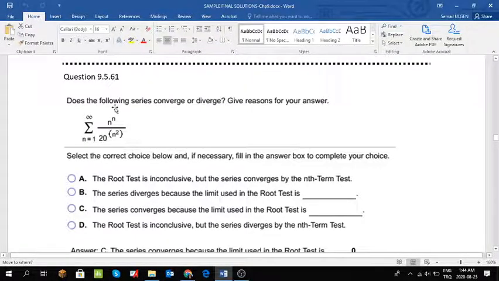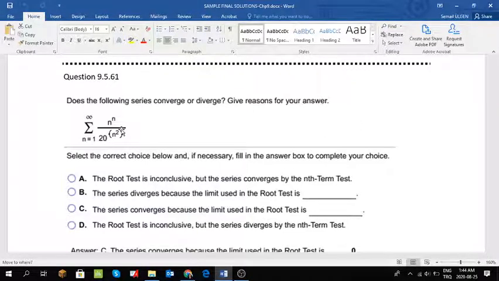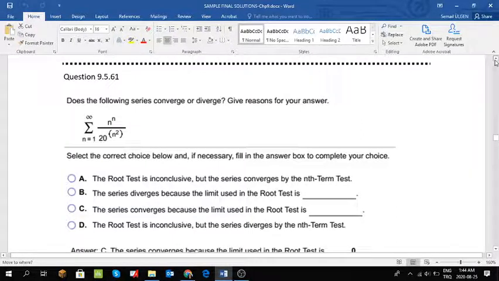For the nth term test, you get the limit of this, and if the limit is greater than or equal to 1, then by the divergence test, it's going to diverge. We can also apply the root test. Now I'm going to show you another example which is similar to this.